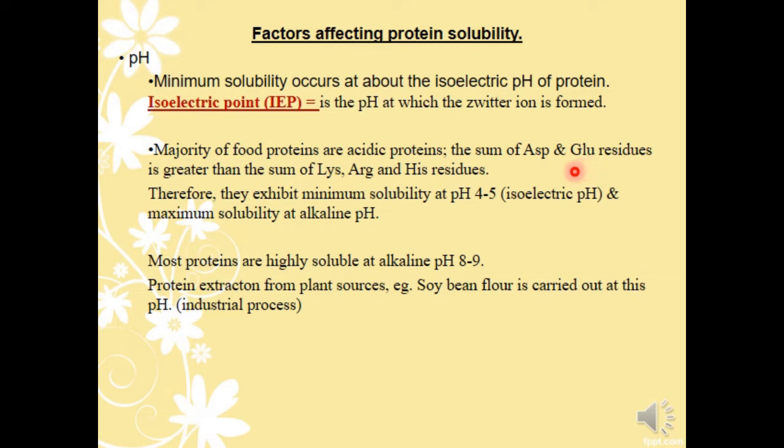And most proteins are very soluble at alkaline pH, which is in the range of pH 8 to 9.